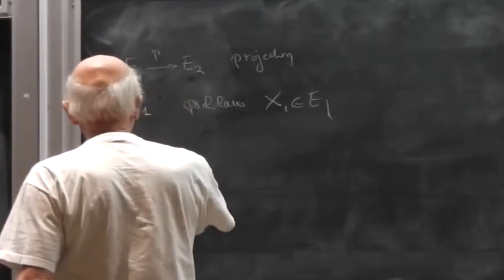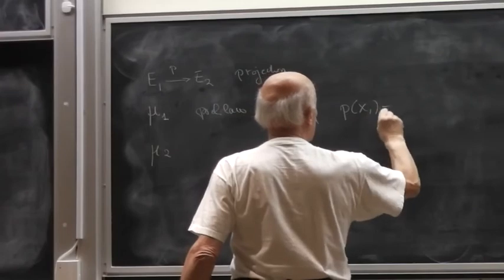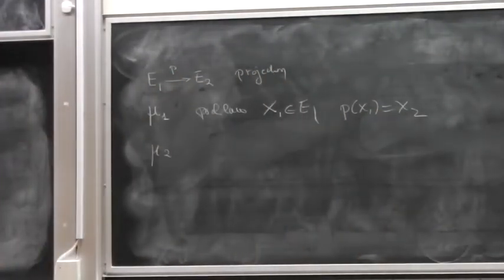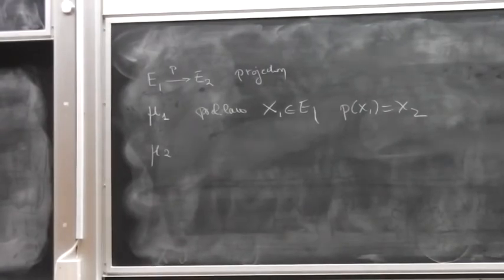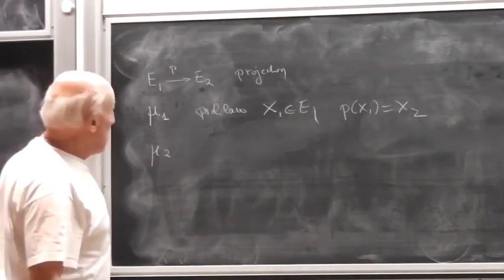Then you have mu2, and you define x2 as P of x1, so you apply the projection to the coordinates of your random vector, and you get another one.